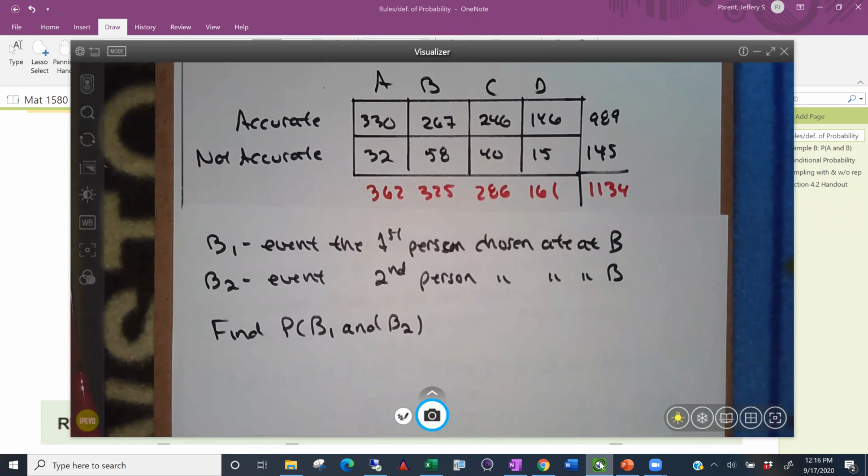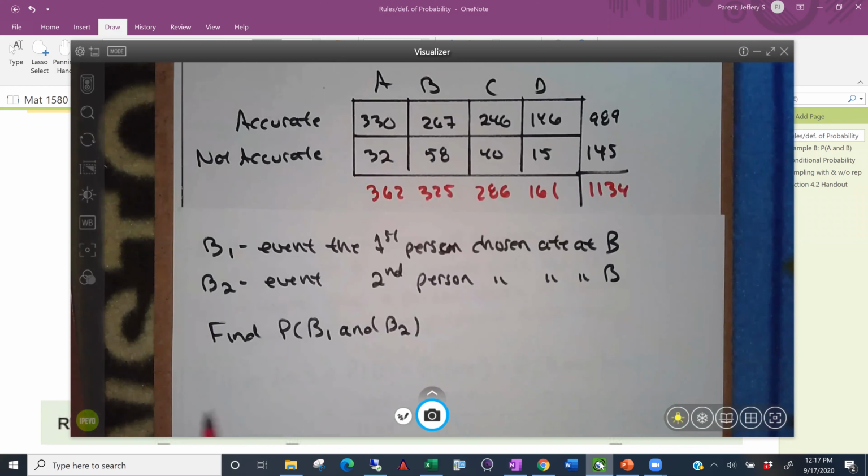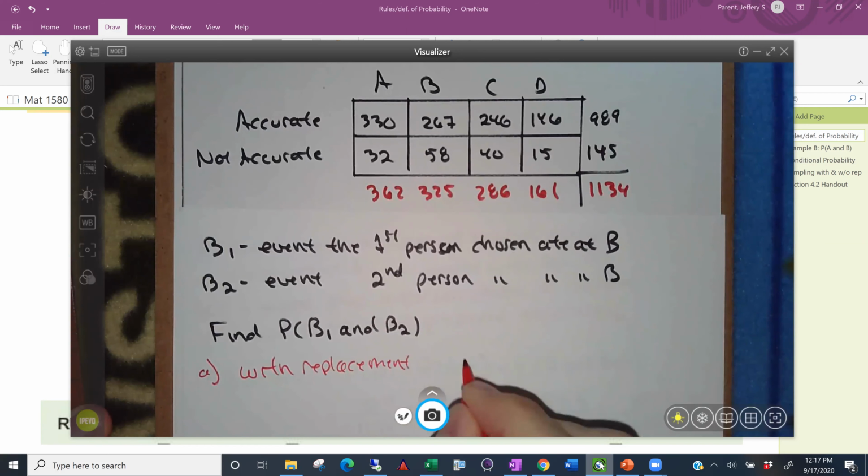So I said we're going to do that in 2 different ways, and we are. We're going to do it first with replacement, and second, without replacement.